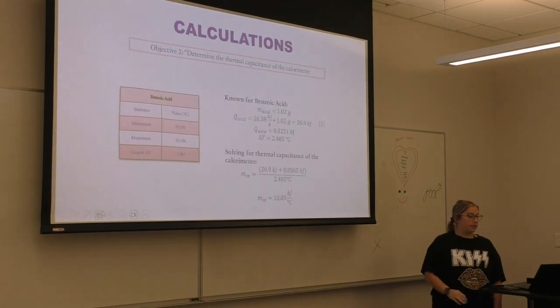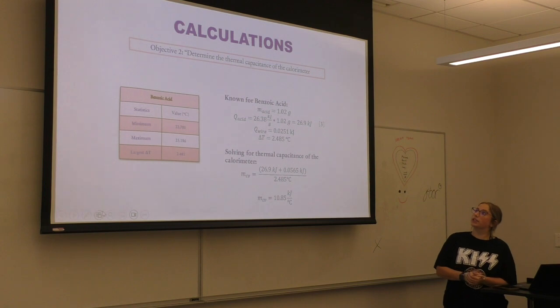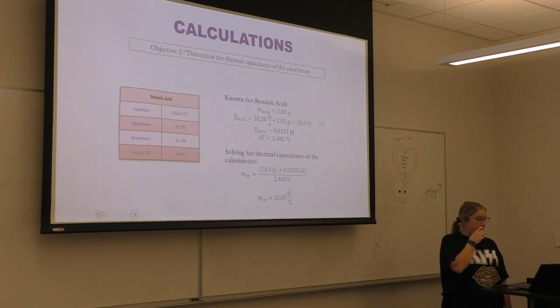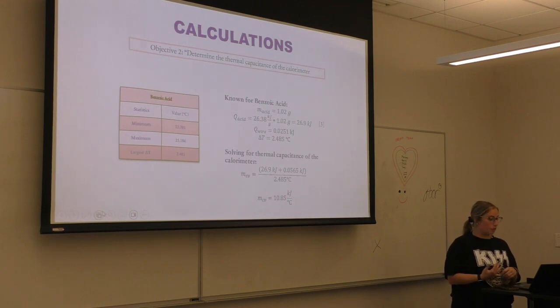And then here are some calculations. This is where objective 2 came into play, which said to determine the thermal capacitance of the calorimeter. I have the values in the table on the left side, and that shows that the minimum temperature was 22.701 degrees Celsius, the maximum was 25.186, and the change in temperature was 2.485 degrees Celsius.